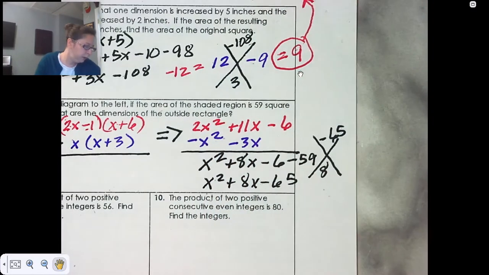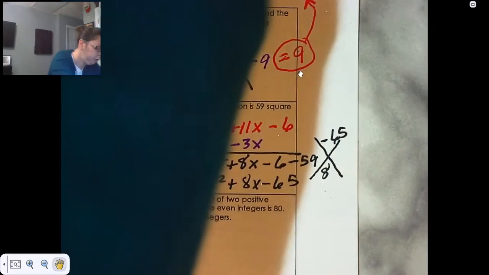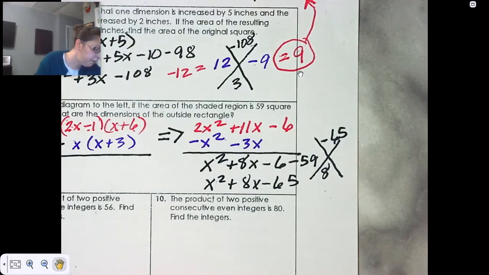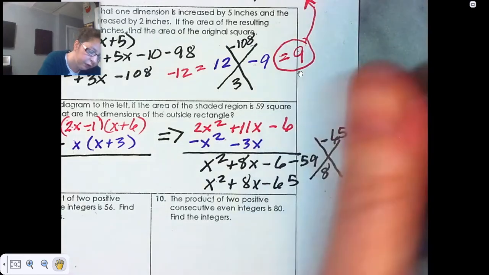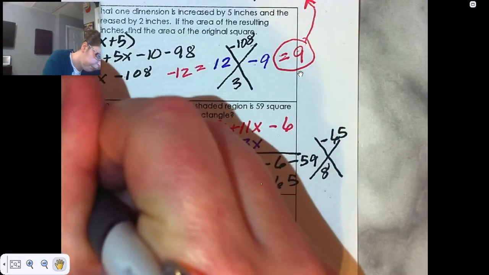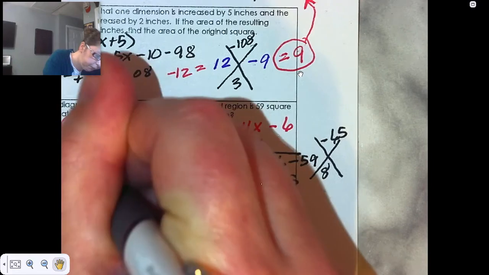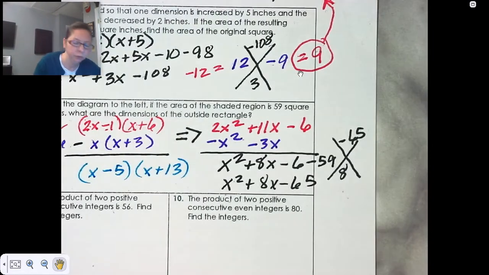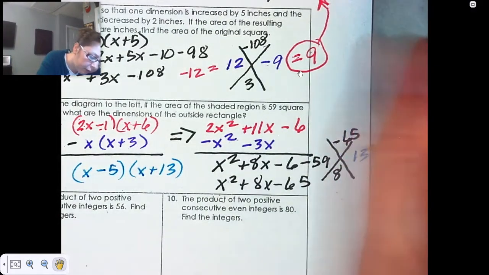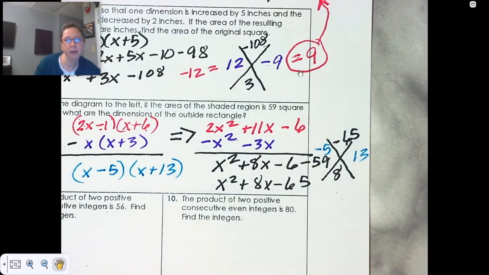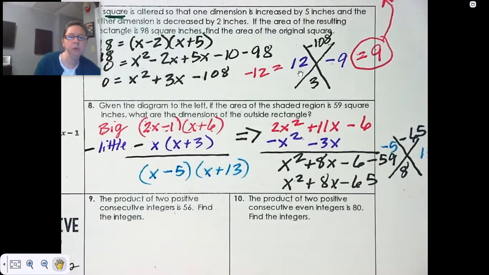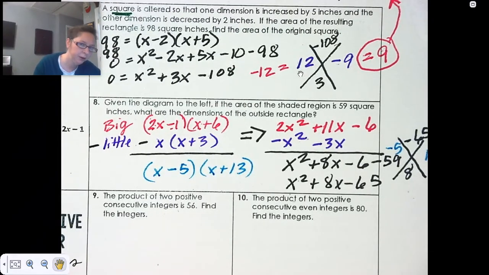Okay, so negative 65 and 8. So let's try negative 5 times 13. Okay, so negative 5 and 13 is what I got when I solved my x puzzle. We want to use just the positive value.